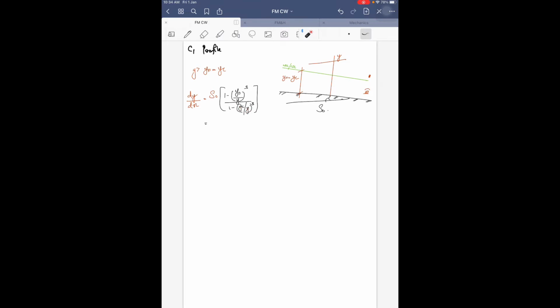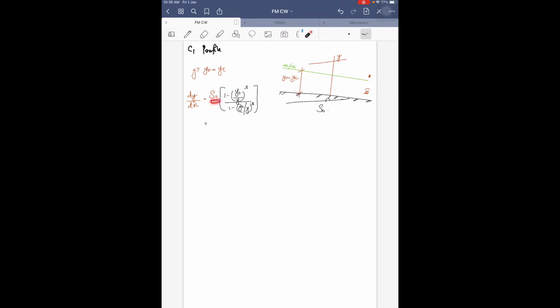So yn by y and yc by y will be values less than 1. We are making it to the third power, subtracting from 1.